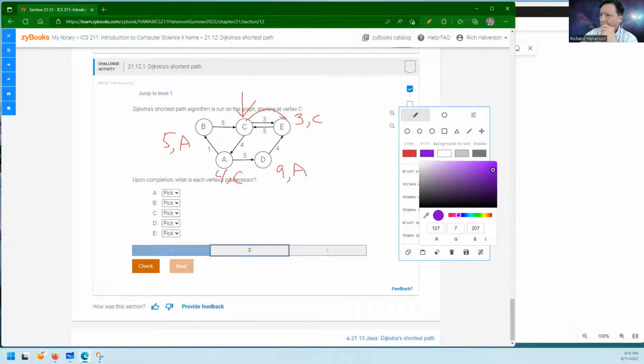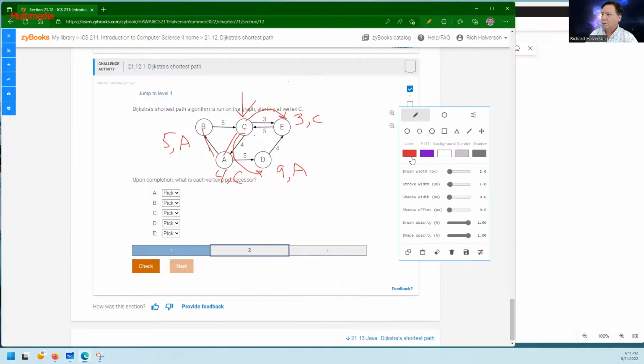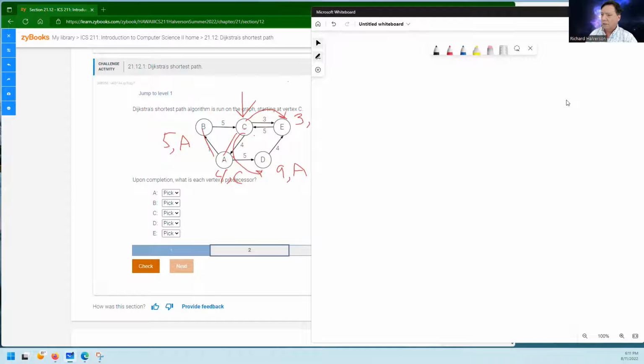To go from C to D, you have to go to A and then to D. And from C to A, you just go down here, and from C to B, you have to go to A and then to C. Okay, so the answers are, let's see, I don't think I get to keep those, do I? So really B is 5, A. C is 0, nothing.